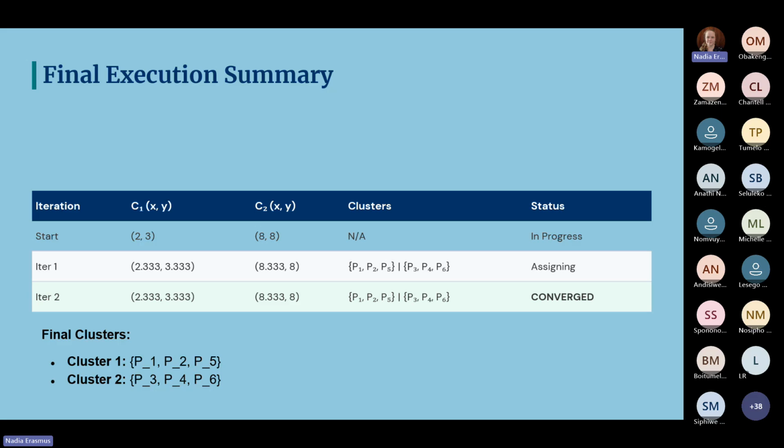And you did it again. So you made sure that those clusters were exactly the same, and you see the clusters did not change. So your final clusters stay as cluster 1 is points 1, 2, and 5, and cluster 2 is points 3, 4, and 6.